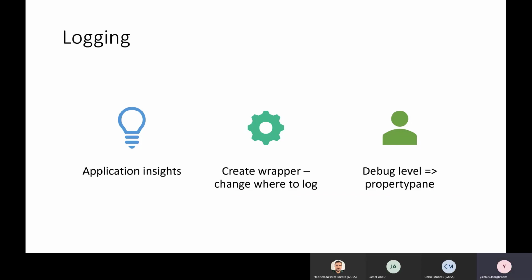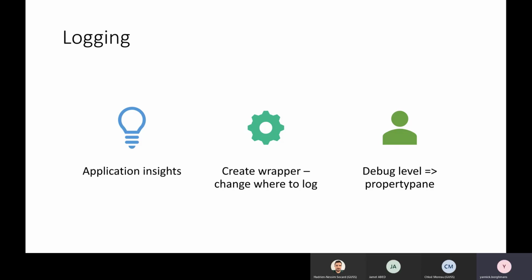Logging with Application Insights. With SharePoint Framework, you can immediately log towards Application Insights, but you can create a wrapper, for example, and of course with Redux you can create a middleware to log everything you want towards Application Insights. And a small tip: the debug level, so verbose information, warnings, errors, for example in the console, put it inside of the property pane.